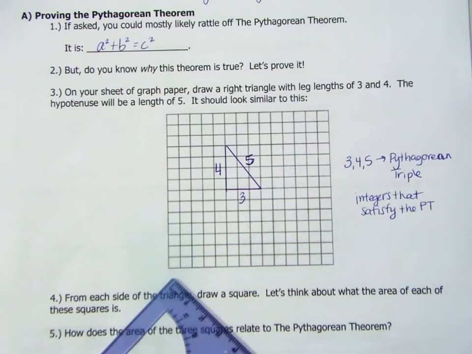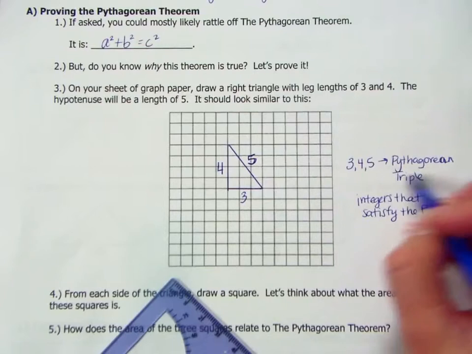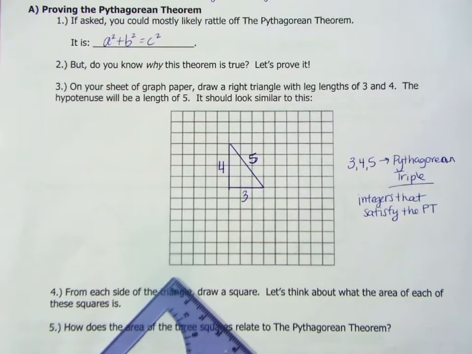So 3, 4, 5, and there are many others. If you Google Pythagorean triple, you'll find lots of examples, but 3, 4, 5 is the most basic example. Just integers that make the Pythagorean theorem true.